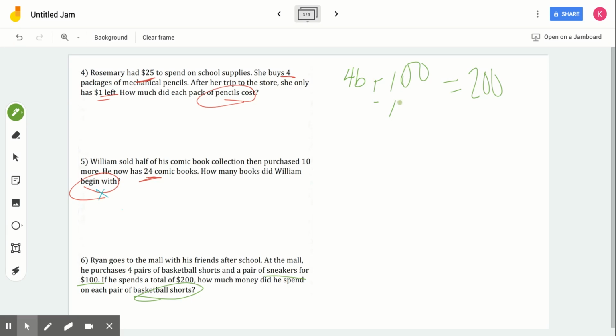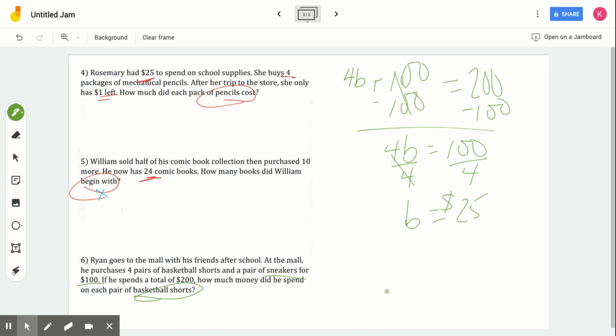So again, inverse operations. And we're left with 4B equals 100. Divide by 4. And we would get B equals 25. And again, it's asking us how much money. So this would be $25.